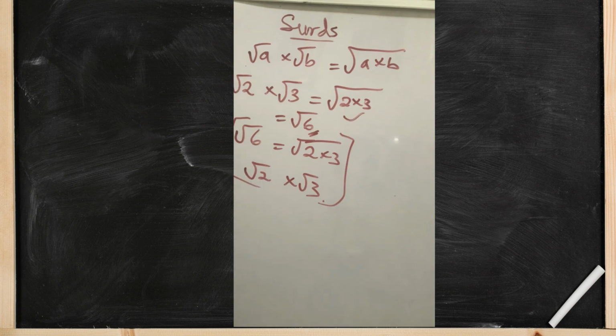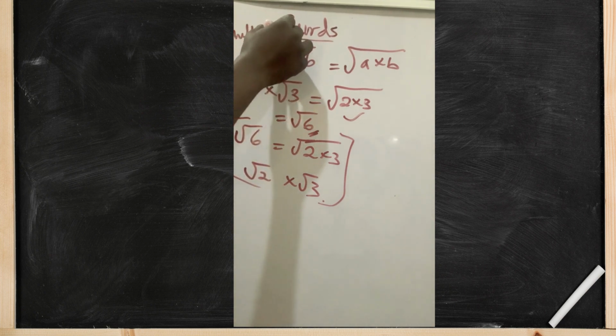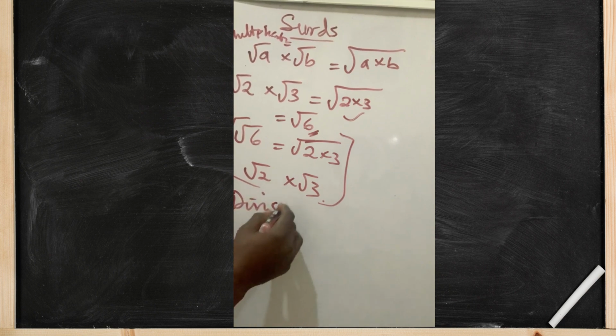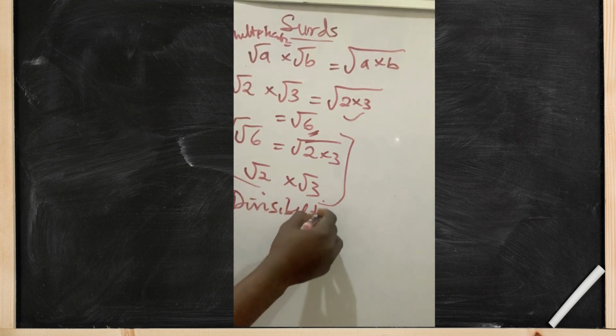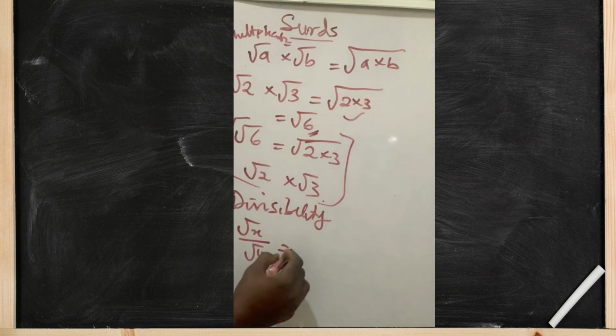The second is that surds are divisible. You can have x over y, meaning this can in turn become this.